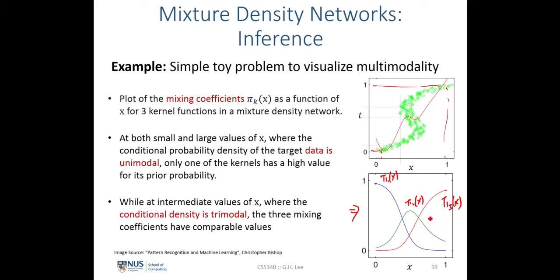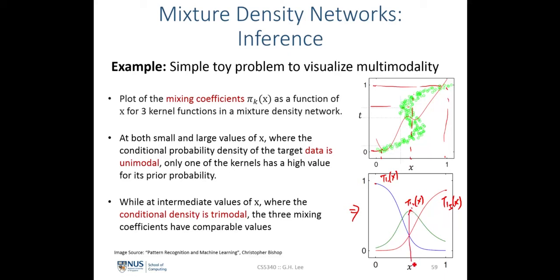Whereas in contrast, in the mid-range of x, the mixing coefficients are more equal in probability. This is because we have multiple solutions here, as seen in this plot. And in order to determine the solution, we can simply take that component.